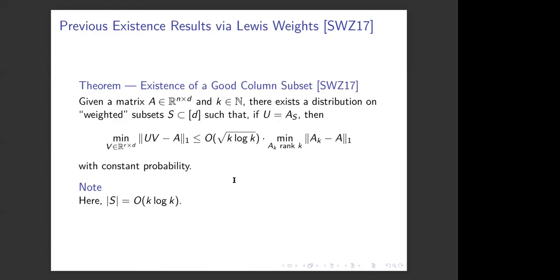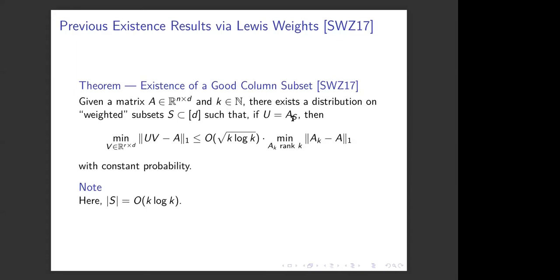In work by Song, Woodruff, and Zhang, it was shown that if you're given a matrix A and a desired rank K, then using essentially the same distribution on weighted column subsets of A, by sampling columns from A according to this distribution on subsets, you can get an O of square root k log k approximation to the optimal.